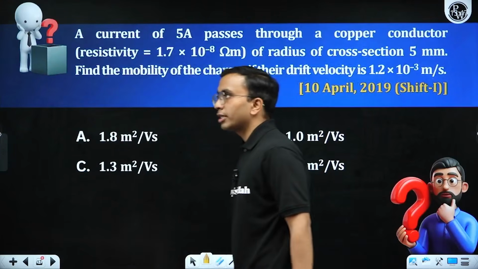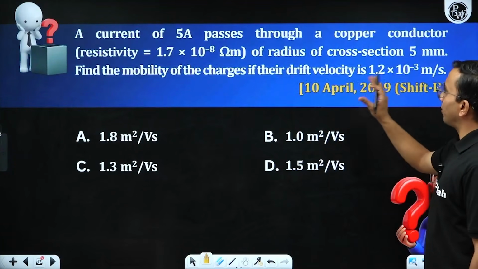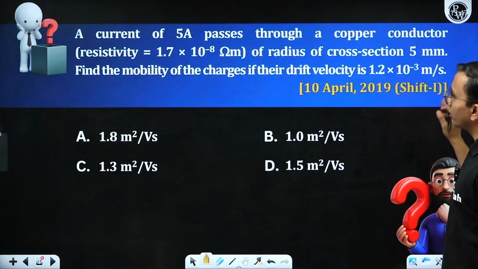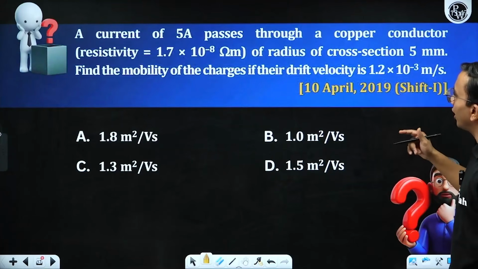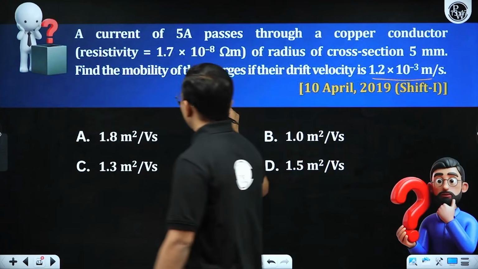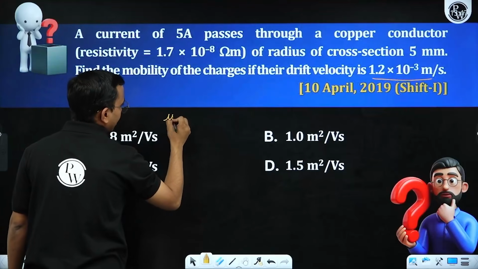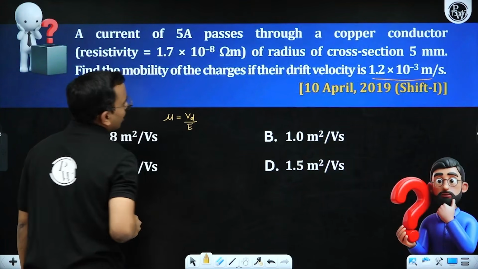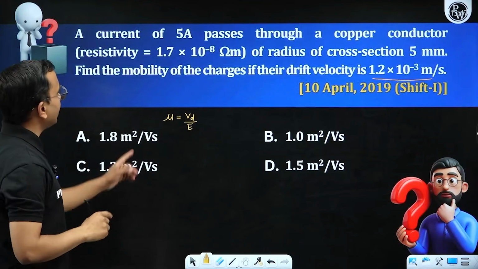Question on this. Current is given 5 ampere, passes through a copper conductor, resistivity is given to us, the radius of cross section is this, find the mobility of the charge if the drift velocity is this. Okay, so I'll say that mu mobility is basically V drift divided by electric field. V drift is given to me, I need electric field.